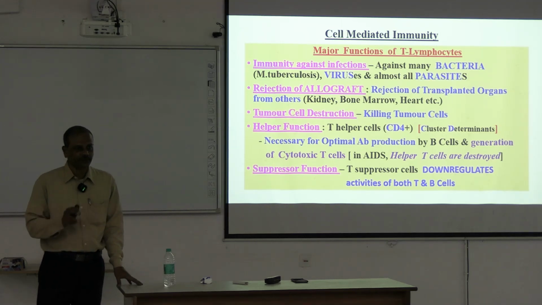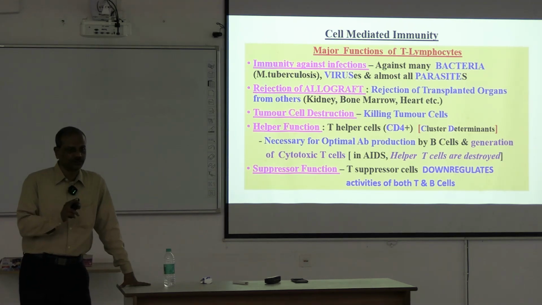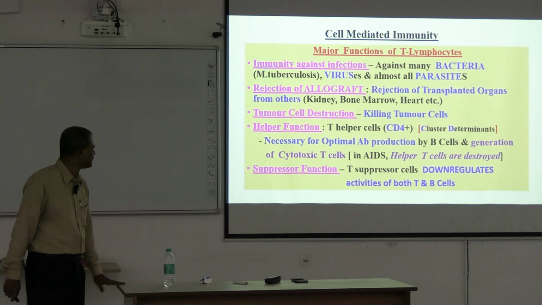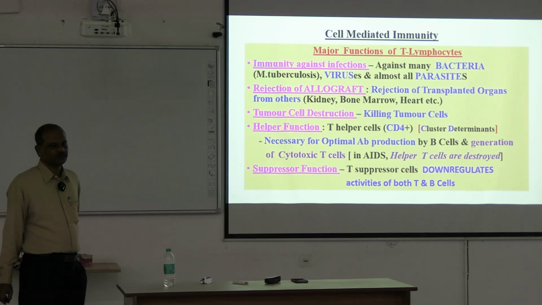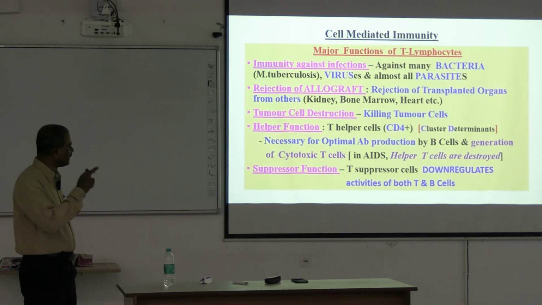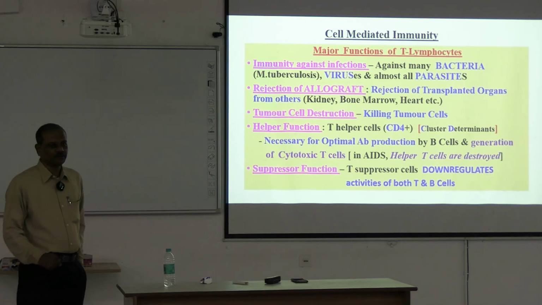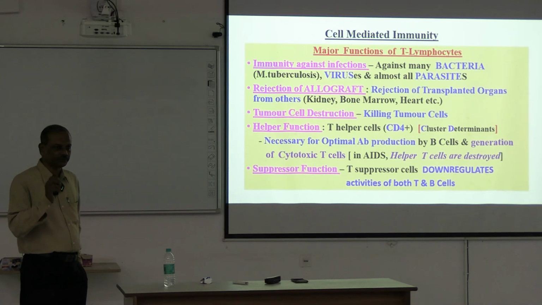So T helper cells are producing 2 things: one is helping in the production of antibody, and also production of the cytotoxic T cells and suppressor cells. I told you about regulatory T cells, which regulate and down regulate both T and B cells. At times it causes suppressor function also. Regulatory means it can regulate, it can upregulate, it can downregulate.